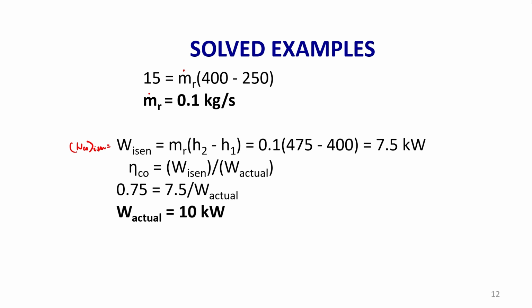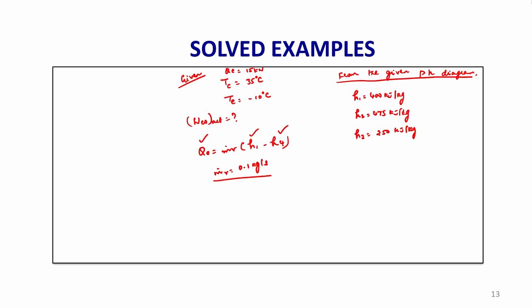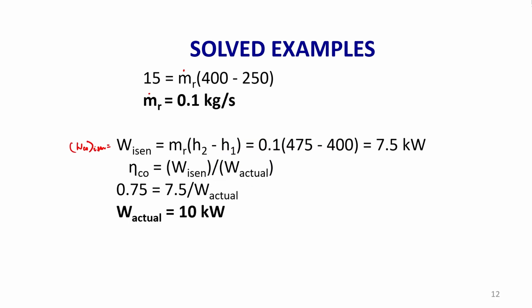This is the isentropic work done, the theoretical work done on the compressor. When we put WCO isentropic, it is nothing but WCO only. For actual, I will be using the word actual.